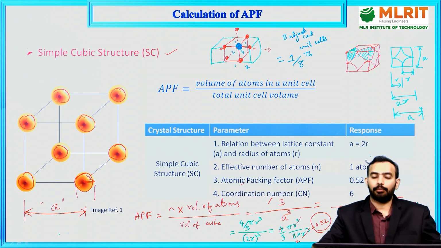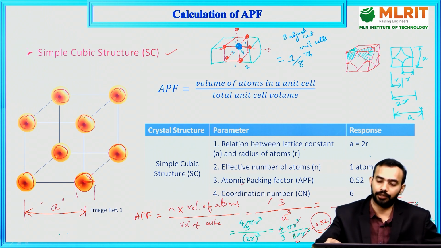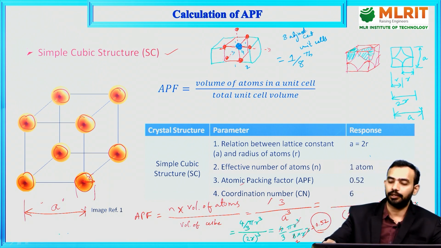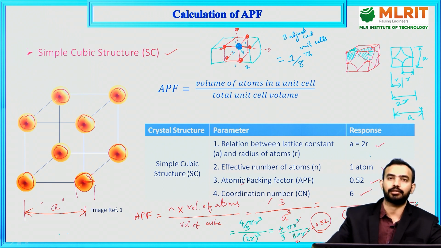If I tabulate all the information, the relationship between the lattice constant and the radius, we have found out that a equals 2r. Then the effective number of atoms we have calculated to be 1 atom, right? And then the atomic packing factor is 0.52 and the coordination number is 6. So this is how we will be finding out all the parameters for a particular crystal structure. So this is for the simple cubic structure.